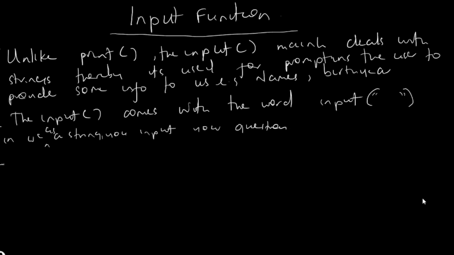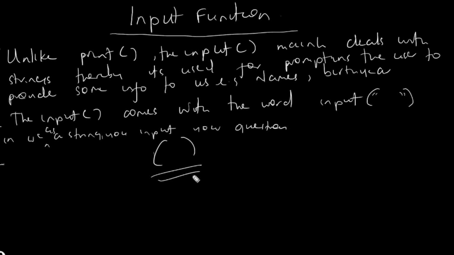So just like the print function, the input function comes with the word input and a set of two brackets, and within those two brackets there are quotes, in which, as a string, you input your question to the user. So up to now, you have also discovered that a function in Python can be denoted by those two sets of brackets, these ones.